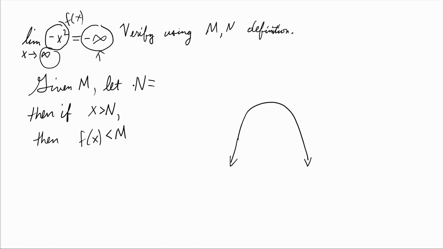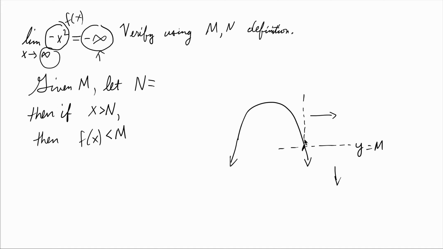Given a position M, that's the value y equals M. What does N have to be to guarantee that if x is on this side over here, we're lower than y equals M?